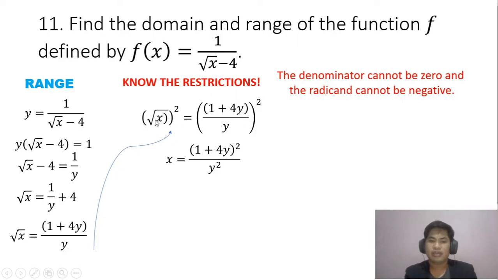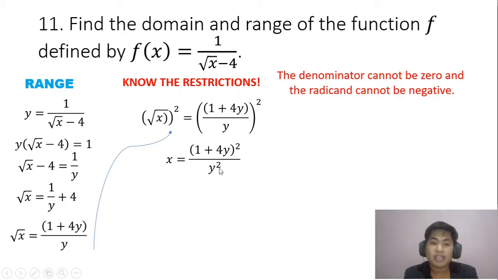So, this side would become x, and this is 1 plus 4y quantity squared over y squared. So we have here x is equal to 1 plus 4y quantity squared over y squared. So remember, the denominator cannot be 0, so this should not be 0.